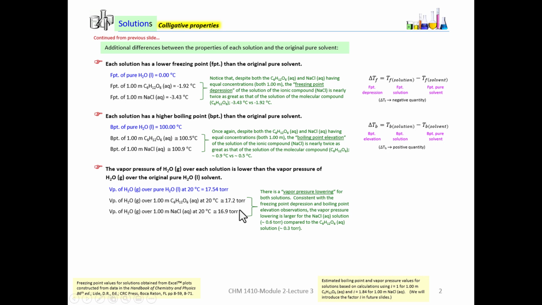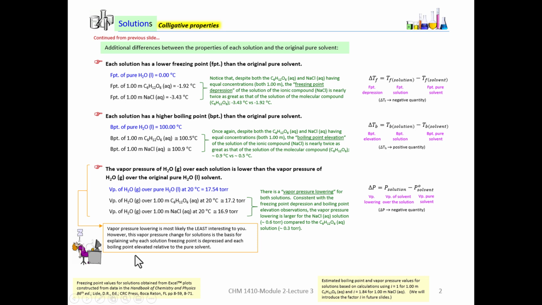So the vapor pressure is lowered about 0.6 torr for sodium chloride and about 0.3 torr for the glucose. Again, if we were going to express this in an equation, we'd say the vapor pressure lowering is equal to the vapor pressure of the solvent over the solution minus the vapor pressure of the pure solvent. And delta P here would be negative.